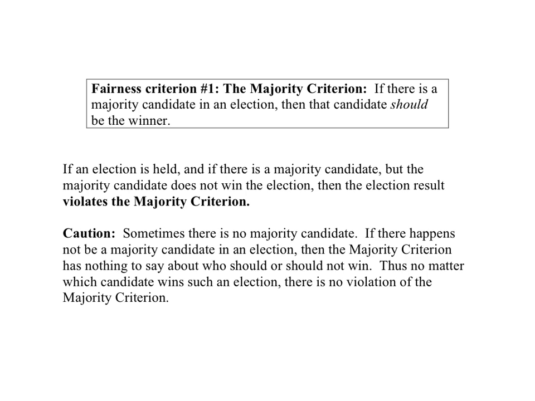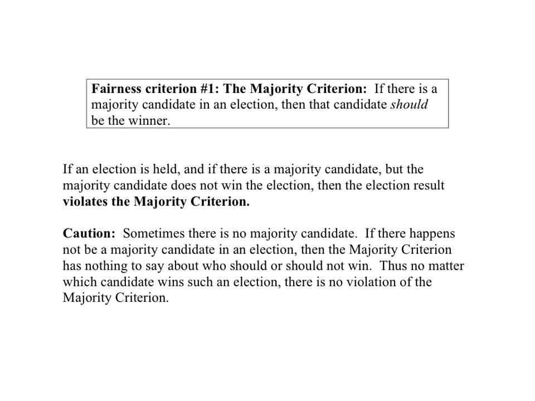So I really need to give a caution here because this is a common confusion. The logic now gets a little more challenging. Sometimes there is no majority candidate. And if there happens not to be a majority candidate in an election, then the majority criterion has nothing to say about who should or should not win.